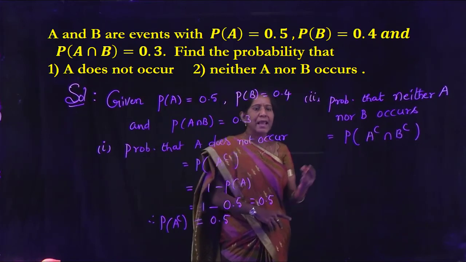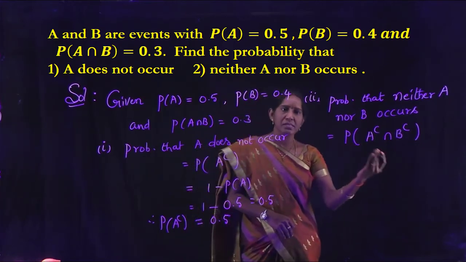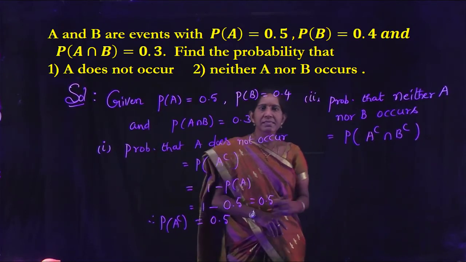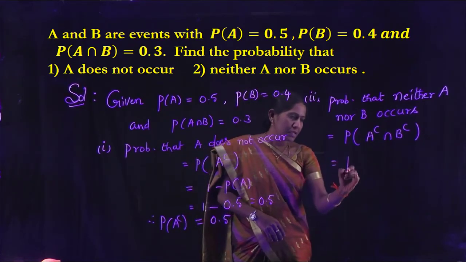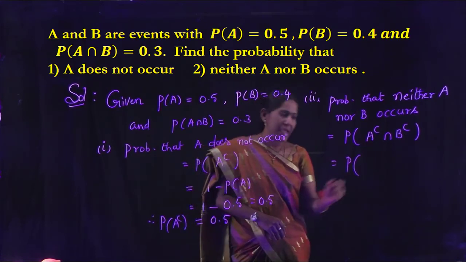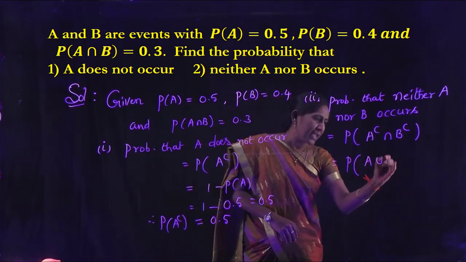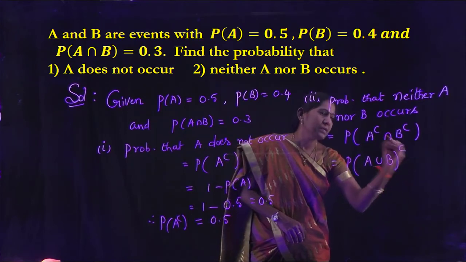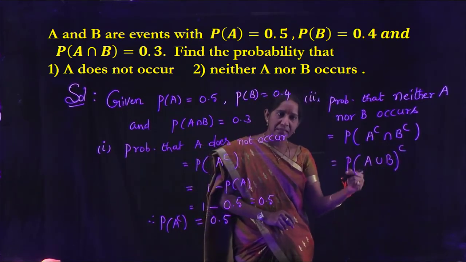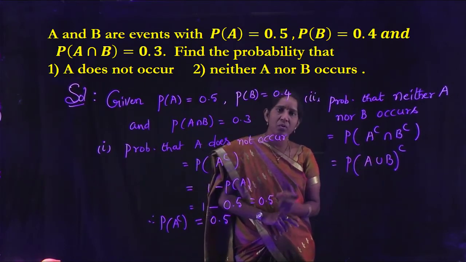The probability that neither A nor B occurs is denoted by P of A complement intersection B complement. So A complement intersection B complement is the same as A union B whole complement.